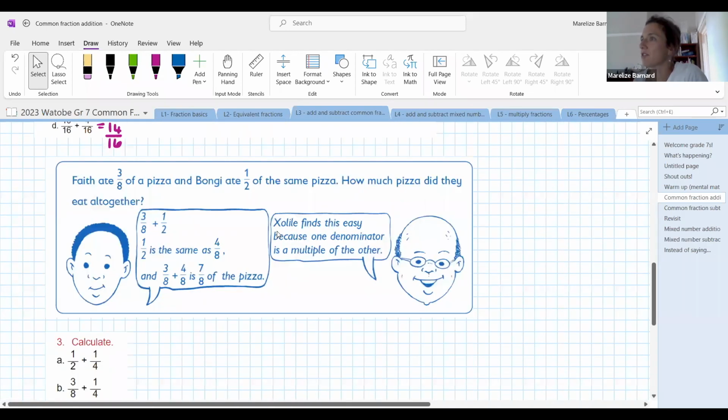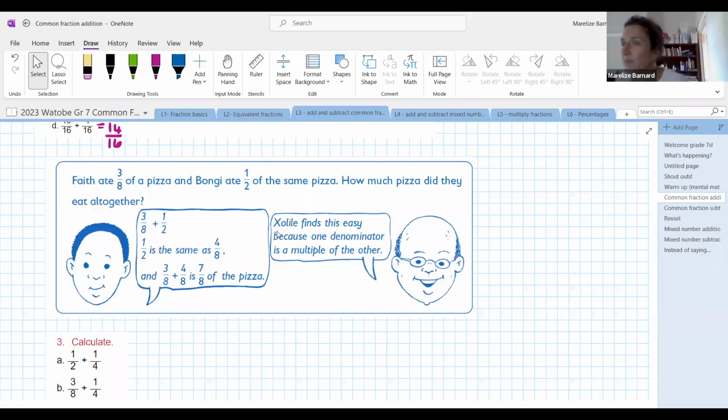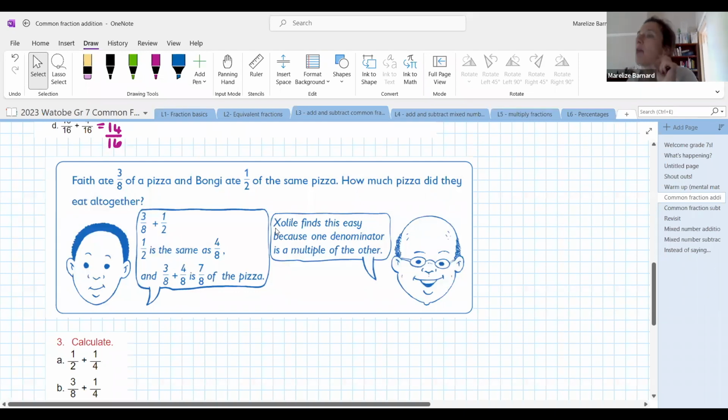Now, let's have a look. So that's easy because we're just adding the same things together. But what if it is different? So Faith ate 3/8 of a pizza and Bongi ate 1/2 of a pizza. The same one, okay? So how much pizza did they eat all together? So what we now have to do is add the 3/8 and the 1/2 together.